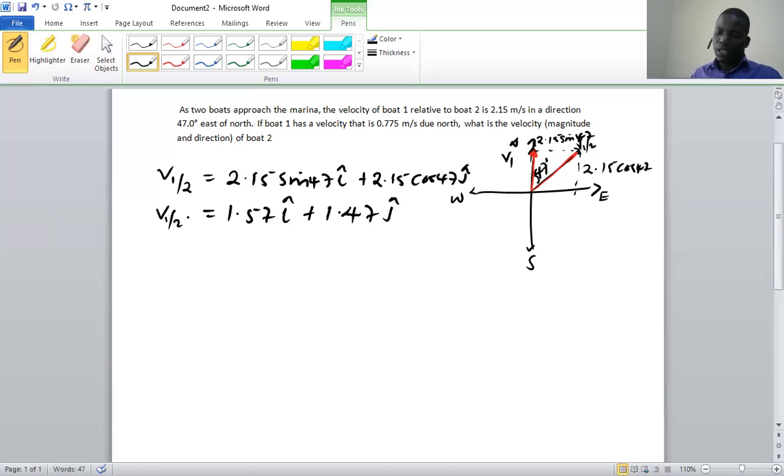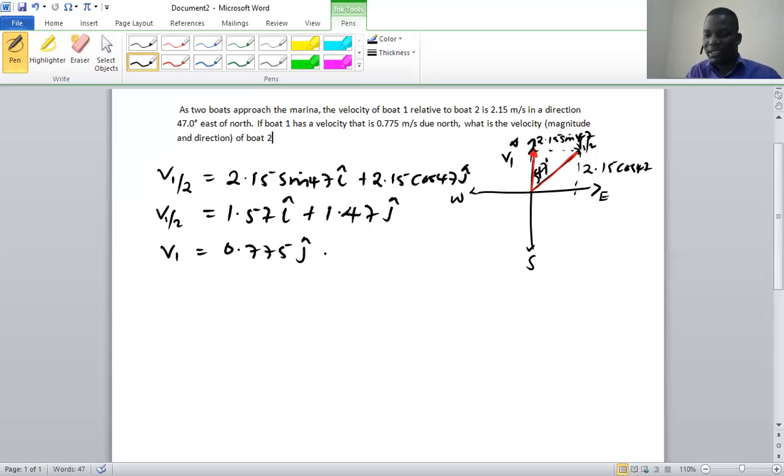Now we can also write the velocity for boat 1 in component form. Its velocity is just in the y, so we have 0.775 j.